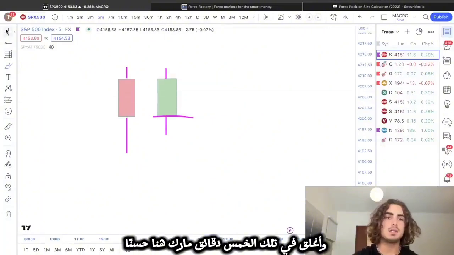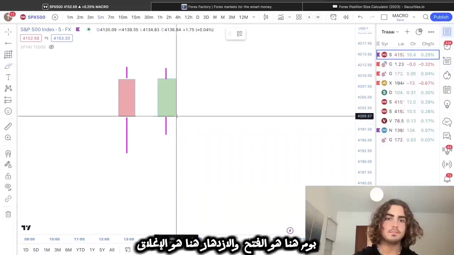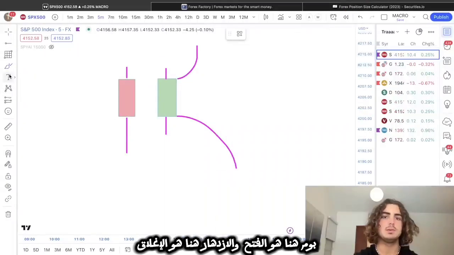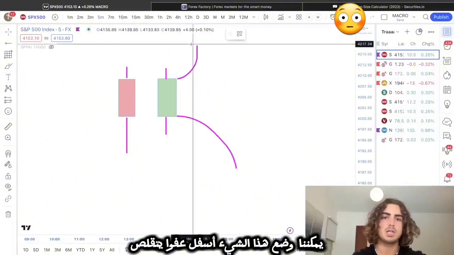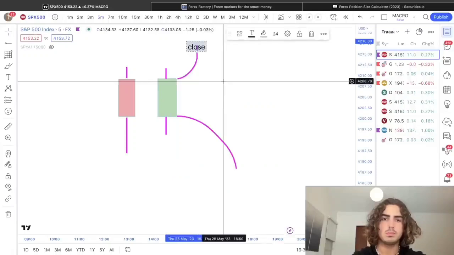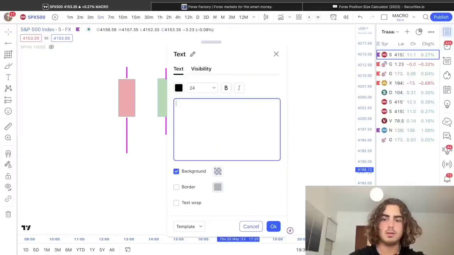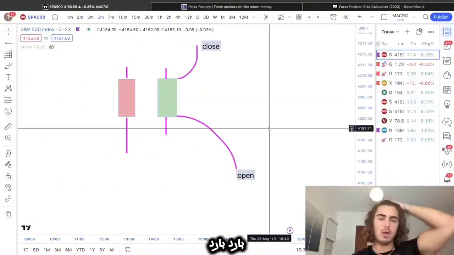So right here's the open, and right here's the close. The close, and the open. Cool, cool.